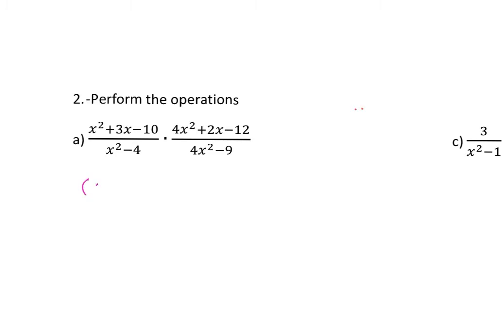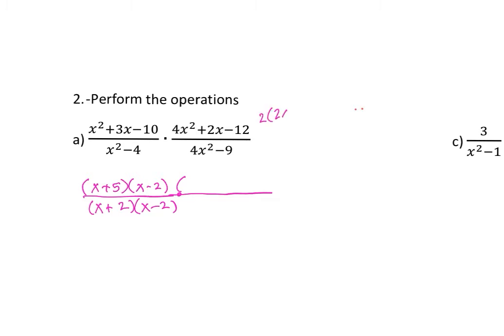So the factors of x squared plus 3x minus 10 are x plus 5, x minus 2. The factors of x to the fourth minus 4 are x squared plus 2, x squared minus 2, times, let's see, on this one we need to factor out a 2.